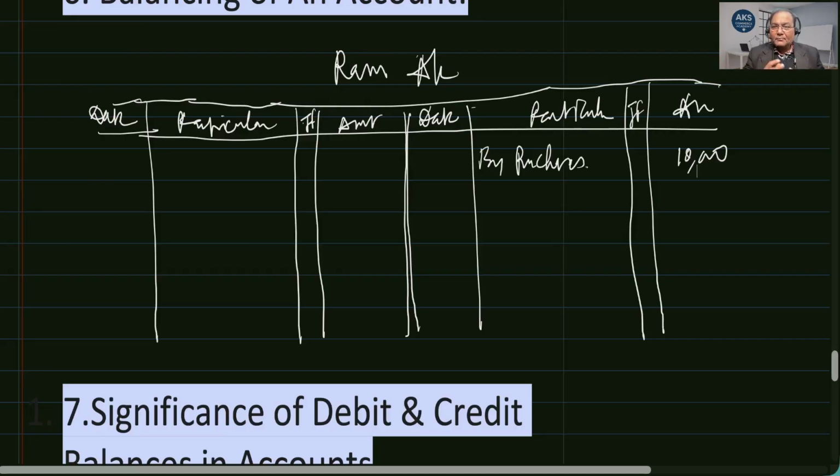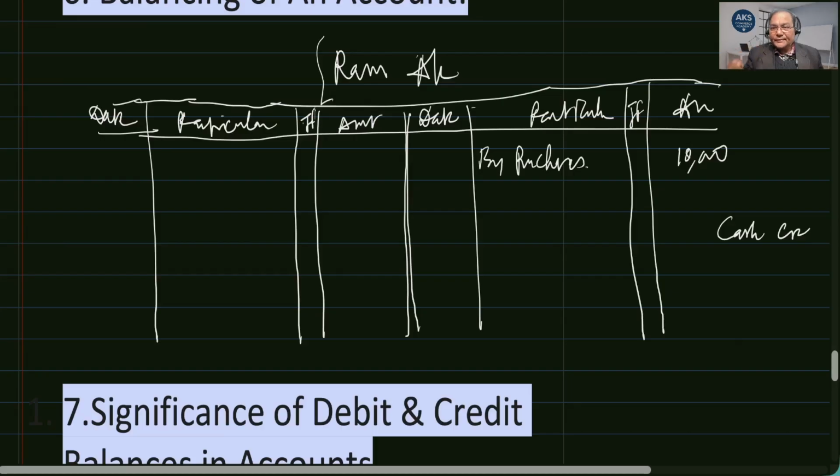As per the rule, real account rule says debit what comes in and credit what goes out. So when cash is going out, cash account is to be credited. And debit the receiver and credit the giver as per personal account. Ram happens to be the personal account.